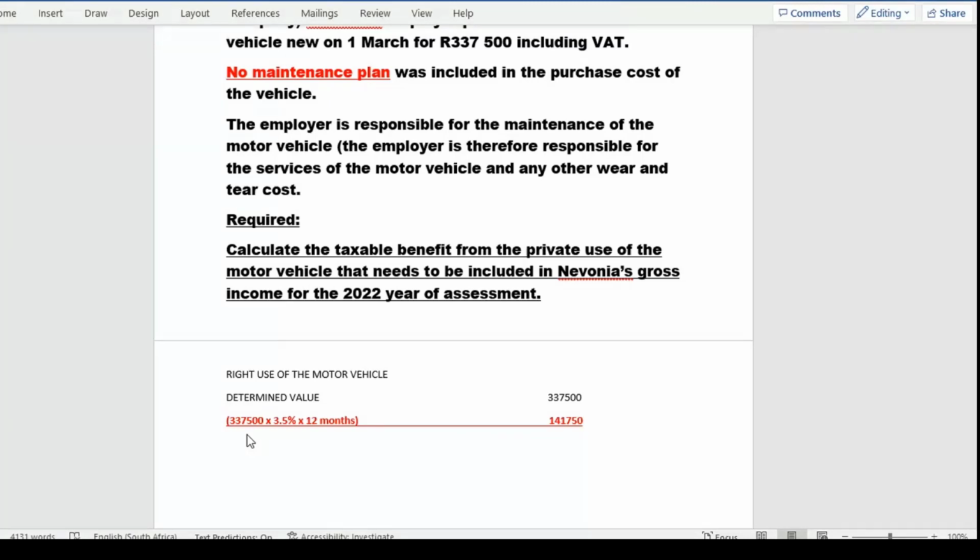You just take the cost, multiply by 3.5%, and then multiply that by 12 months, and it will give you the final figure.